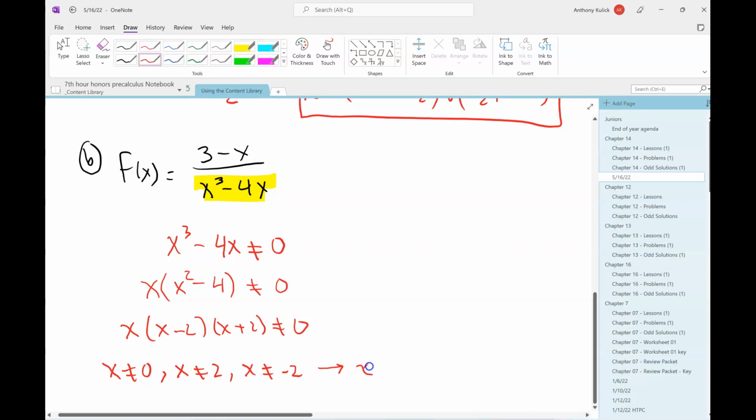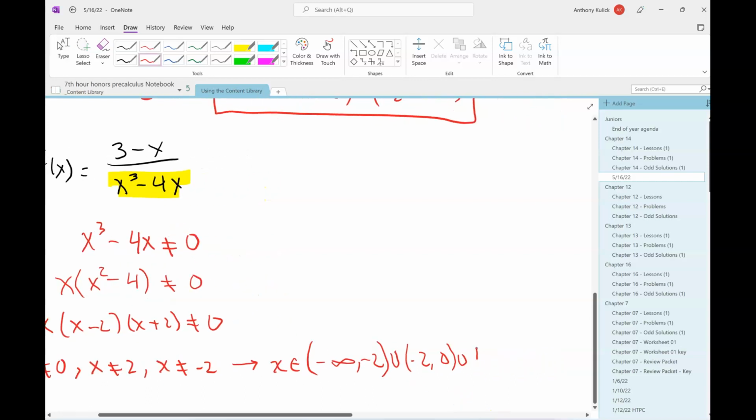So now we just translate that into intervals. So go negative infinity to the smallest, and then the smallest to the middle, to the biggest, and then the biggest to positive infinity. So we end up with 4 intervals there.